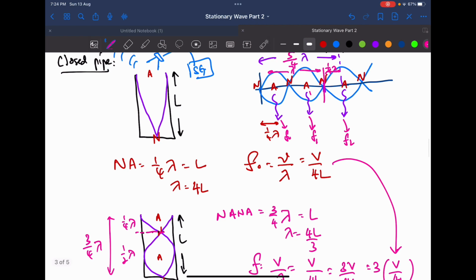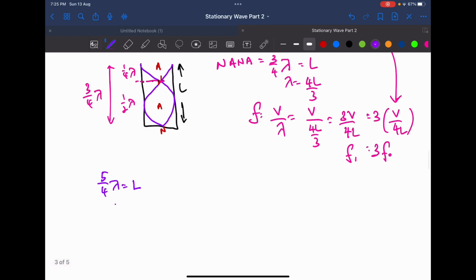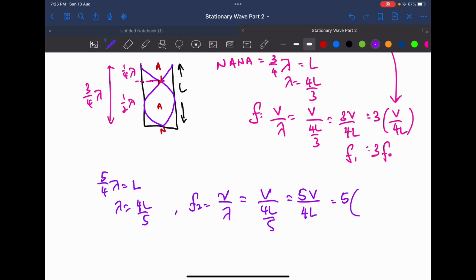So 5/4 lambda equals L. So lambda is 4L/5. F2 is V over lambda, so V over 4L/5, 5V over 4L, which is 5F0.